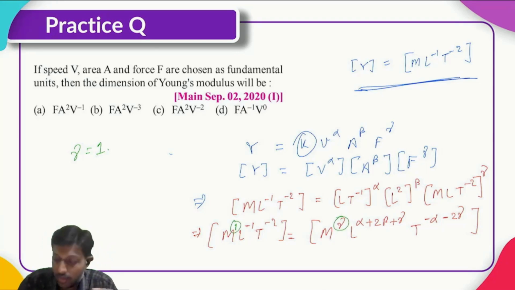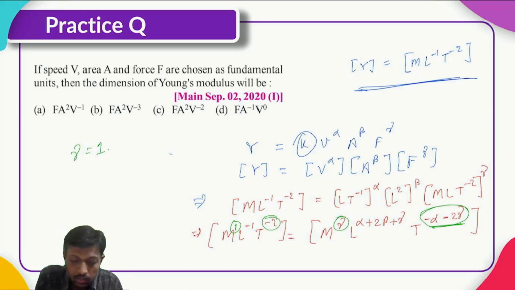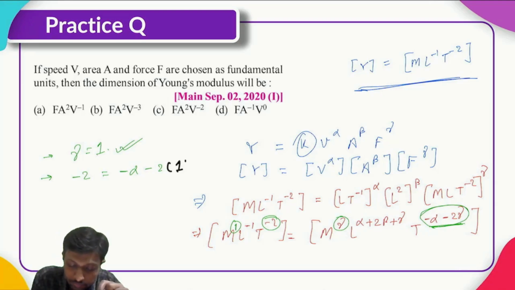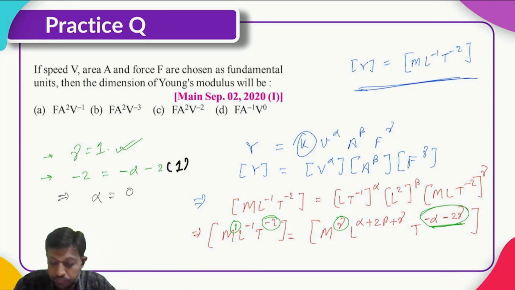If I know gamma, it's easy to find this, no? So I'll compare the power of time. By comparing the power of time, I can say that minus 2 is equal to minus alpha minus 2 times gamma. Well, I know gamma is equal to 1, I've just found out. So I'll substitute that here. This gives me alpha is equal to 0.